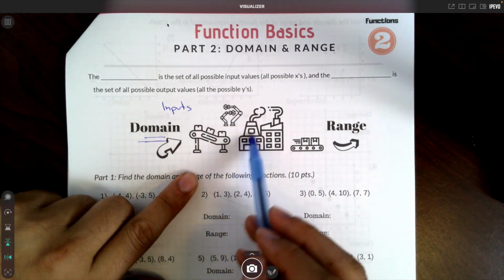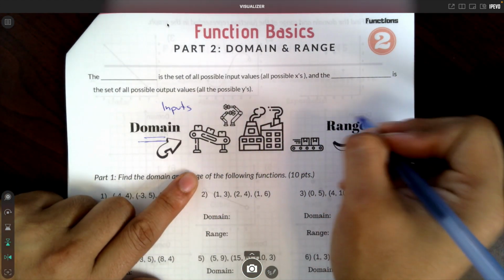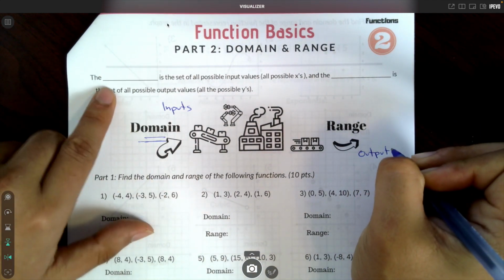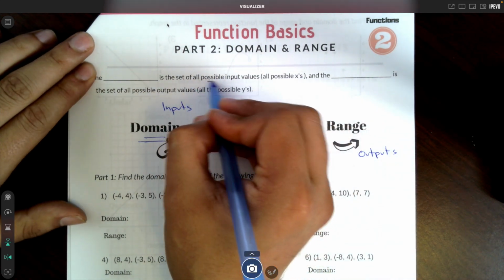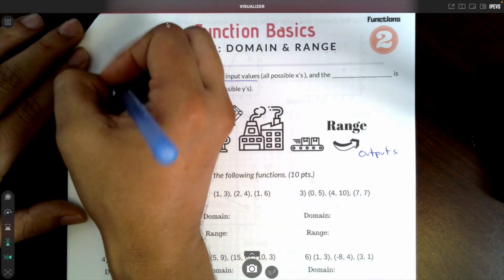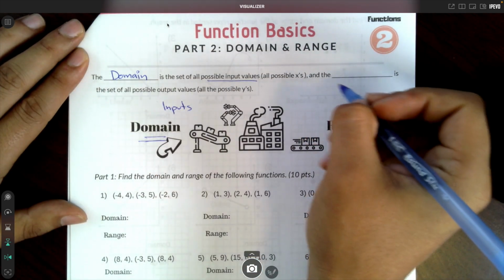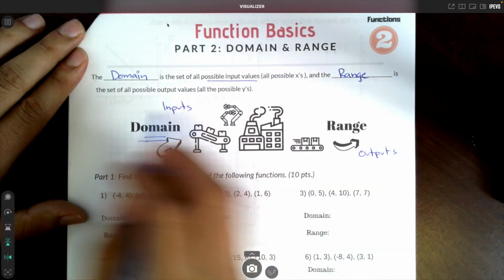Okay, so there's the machine, works, and then it spits stuff out. That's called range. These are the outputs. So the domain is a set of all possible input values. Domain is what goes in. Range is what goes out.